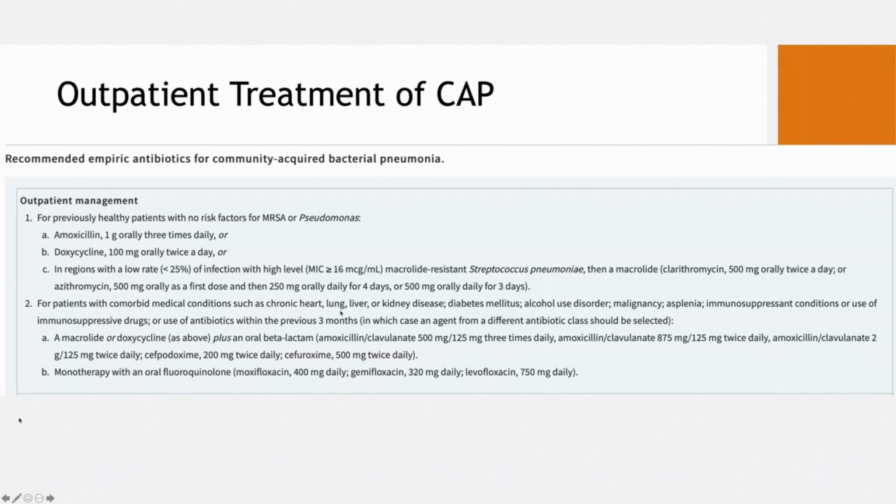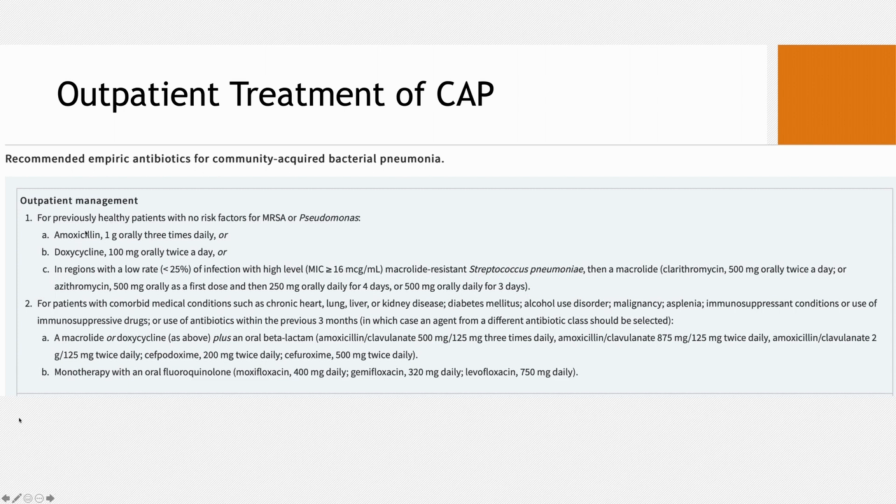So this is straight from your textbook, the current textbook, and it's the recommended empiric antibiotics for outpatient management of community-acquired bacterial pneumonia. Generally speaking, now I always like to mention there's a difference between street med and book med. In this case, street med and book med kind of line up.